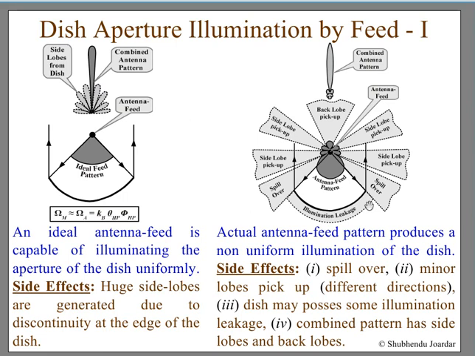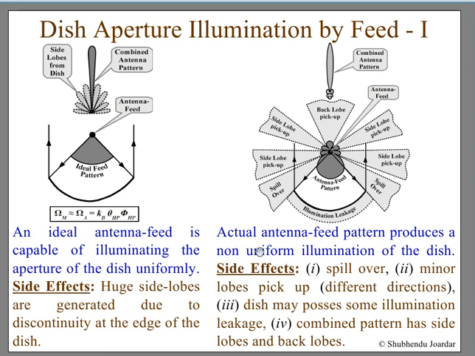Then only will you get 95 percent and above reflected back, and the leakage will be very little. That is another reason why at GMRT at 1420 megahertz the mesh leakage is very bad.